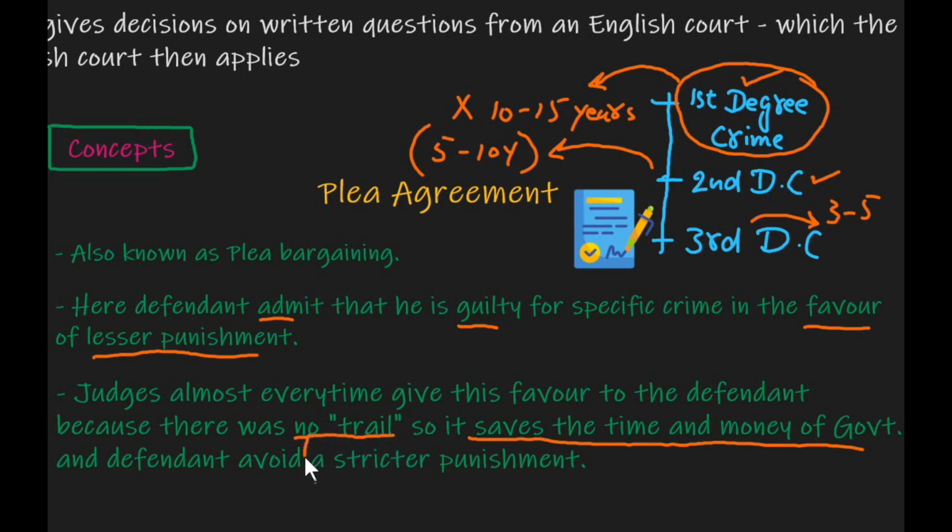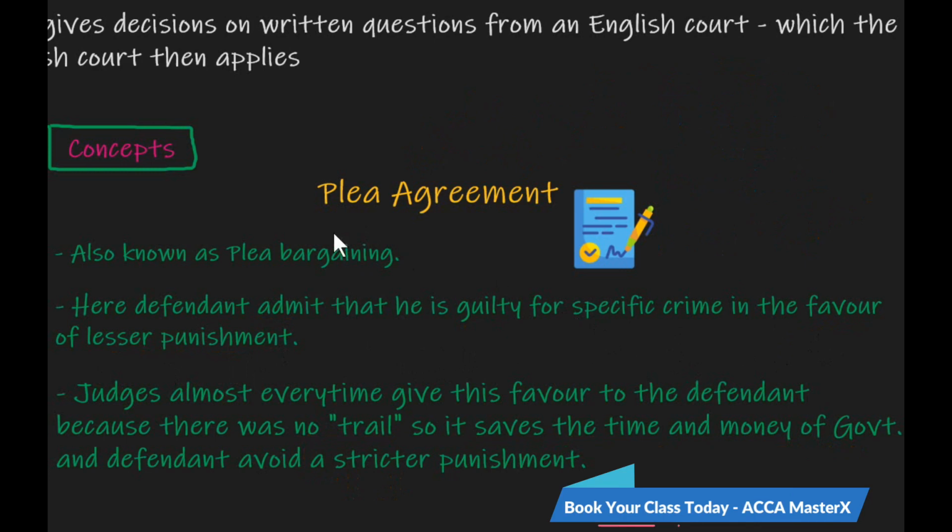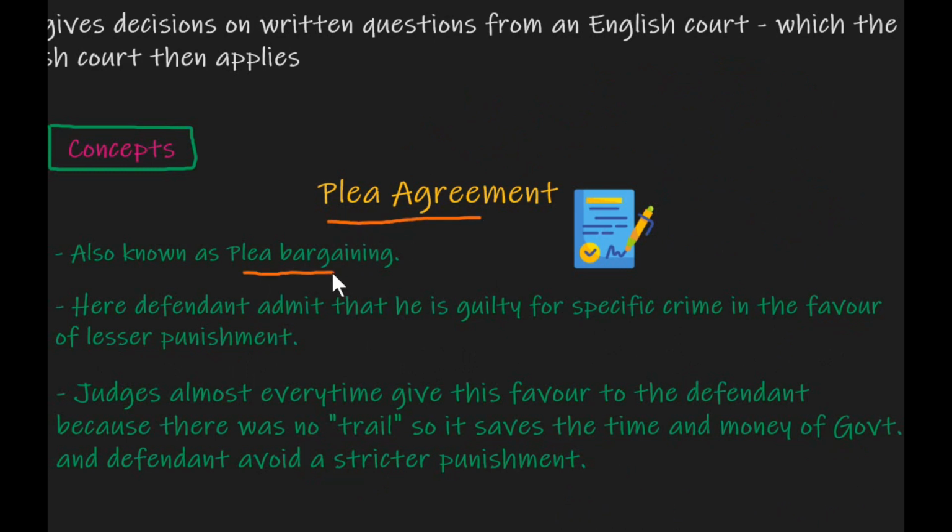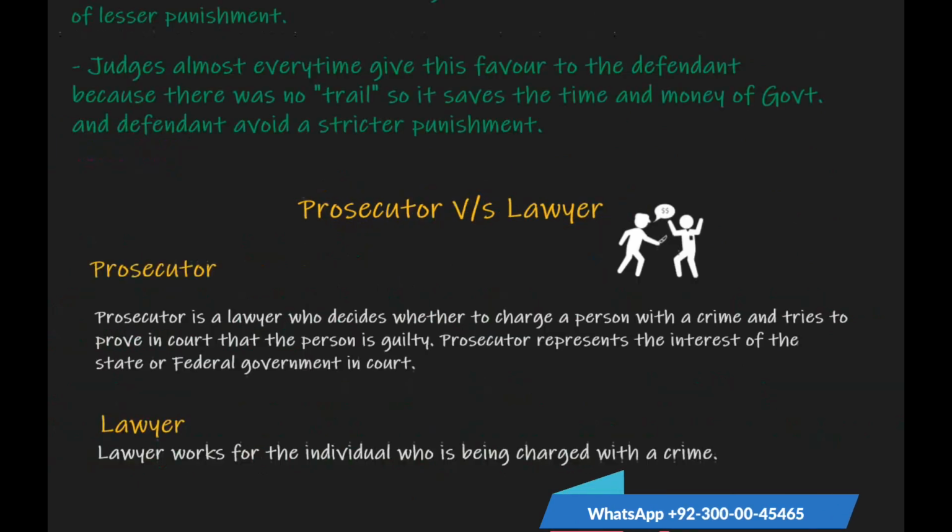But if after the conduct of trial he is proved guilty in the light of available evidence, then he cannot ask for any lesser punishment or for any favor. So that was the concept of plea agreement or plea bargaining.